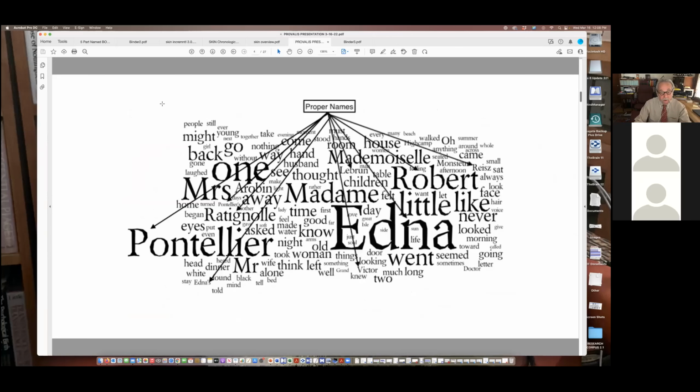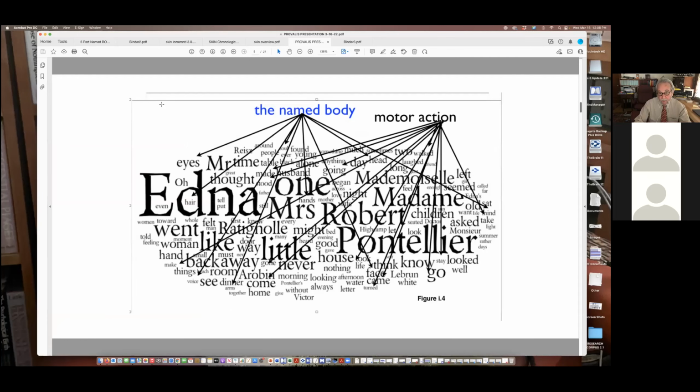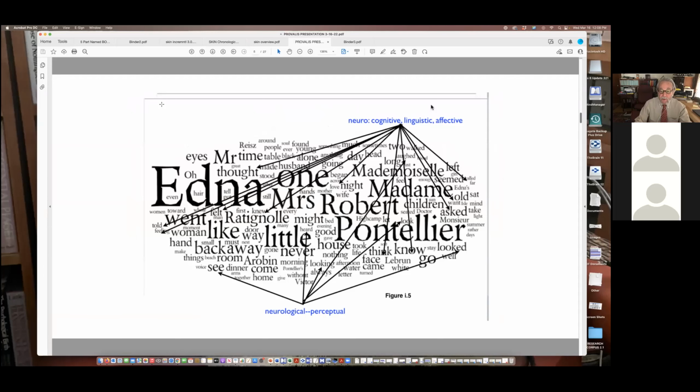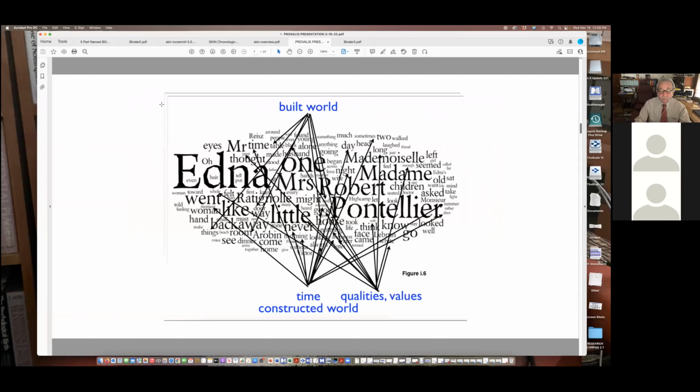So we can find proper names. We can find named parts of the body and actions of the body. We can see cognitive, linguistic, affective, and perceptual words. We can find elements of the built world. We can find elements of what we call the constructed world, that is, the world that we make up, like time and qualities and values.